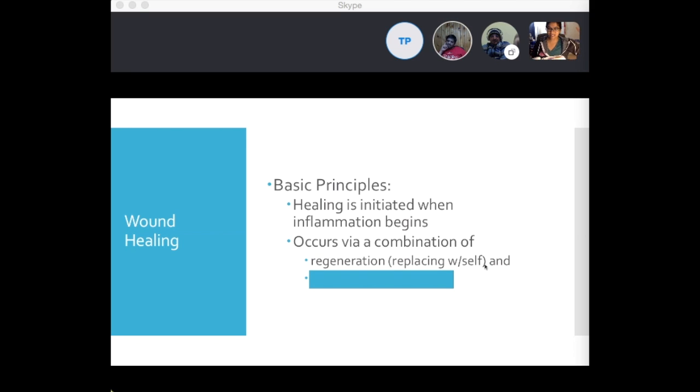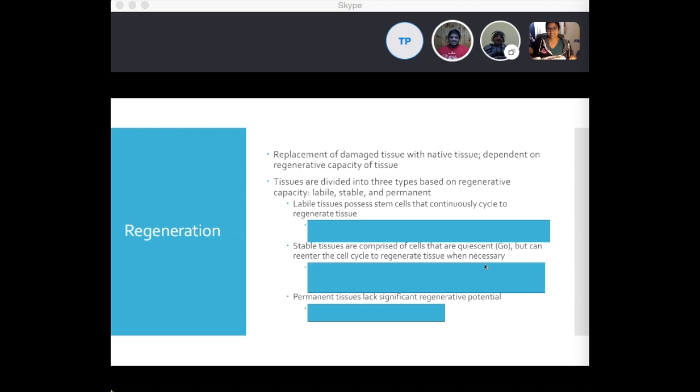But you have a combination of regeneration, which is where you replace with yourself. And when you're replacing with a scar, it's called repair. Alright, so let's talk about regeneration.